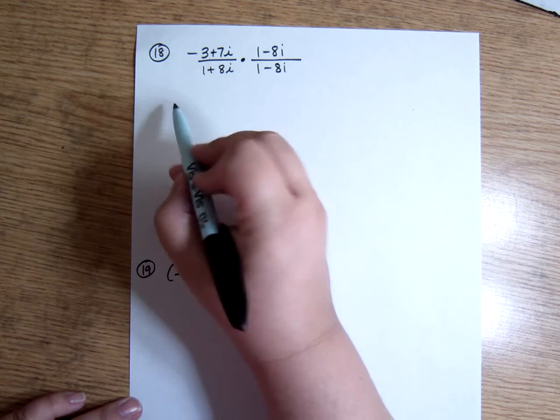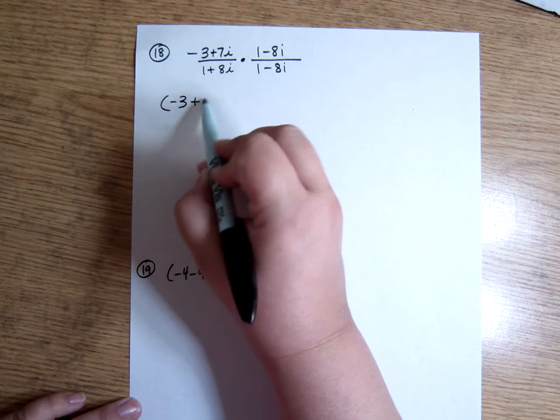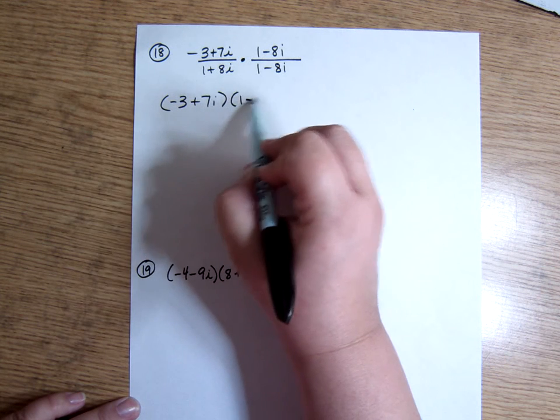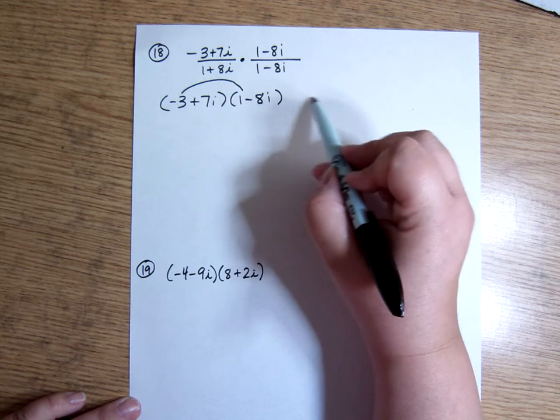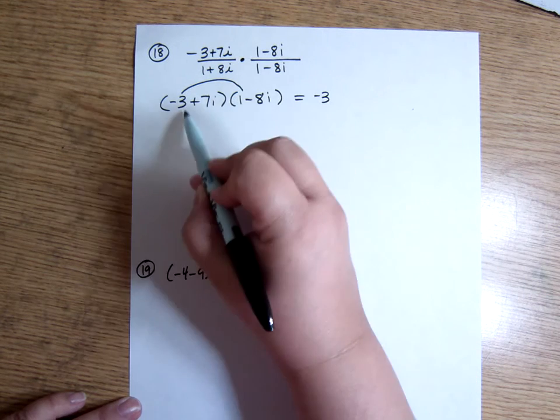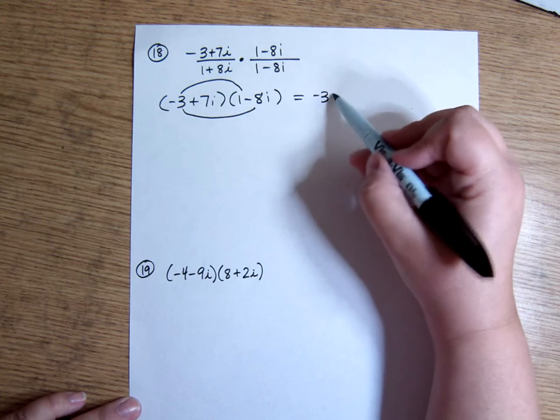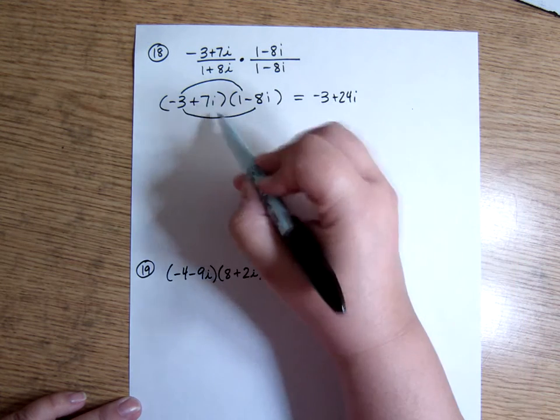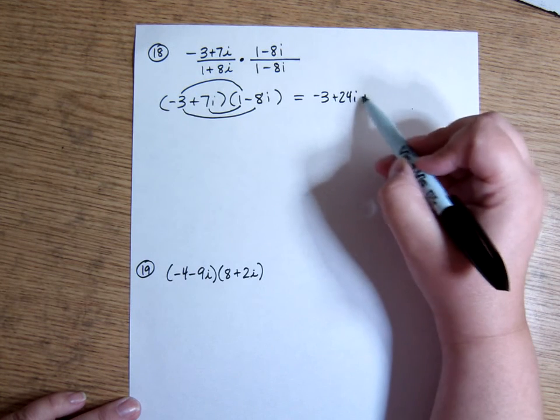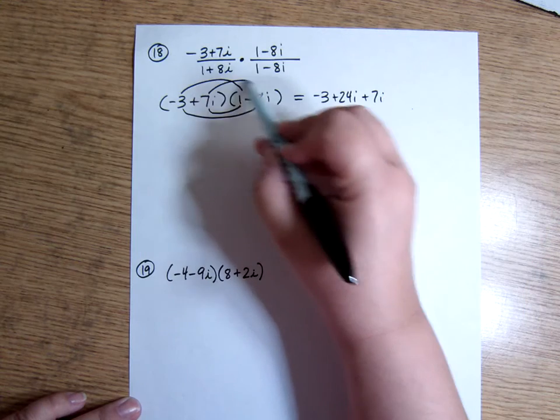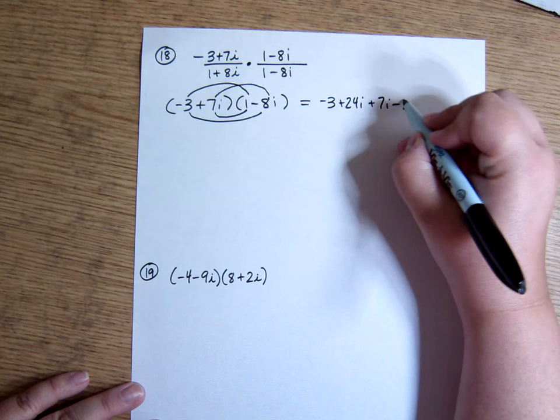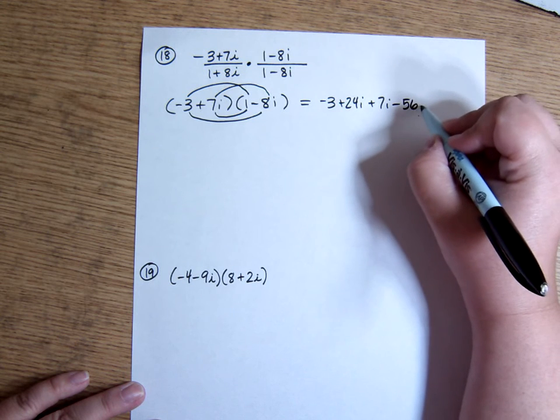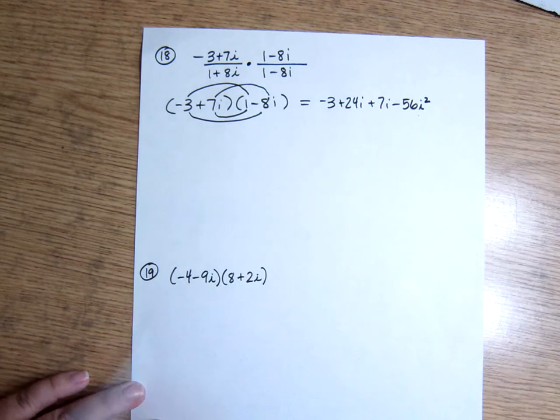Okay, so on top, this means I have negative 3 plus 7i times 1 minus 8i. So I'm going to multiply that out. Negative 3 times 1 is negative 3. Negative 3 times negative 8i is positive 24i. 7i times 1 is 7i. 7i times negative 8i is negative 56i squared.